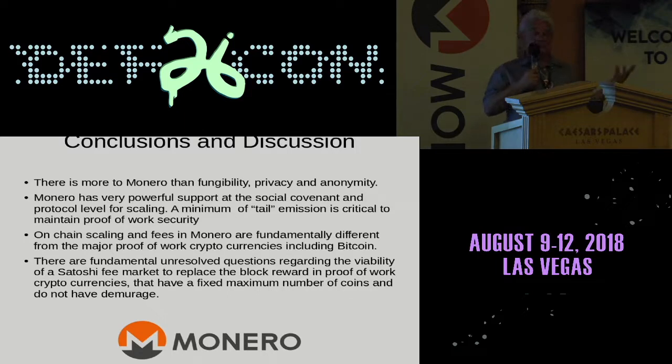The next question: what about second-tier solutions? Lightning Network. Great technology. But Lightning Network technology depends on being able to scale the underlying chain. You have to close the channels. And if the underlying chain cannot support closing the channels, you cannot have an effective Lightning Network.